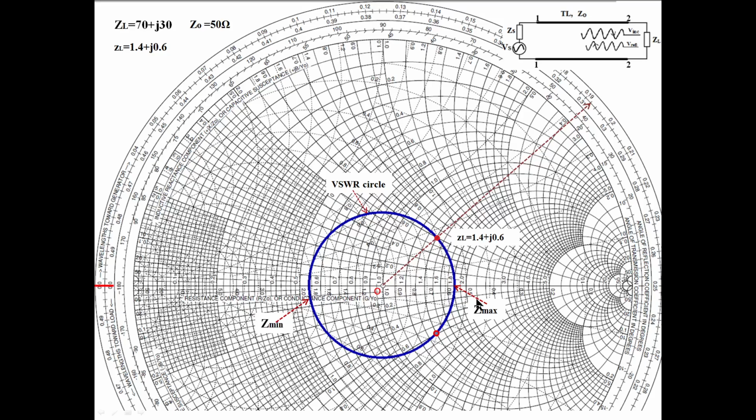From here I am moving like this over a transmission line, and I stopped somewhere here. I want to find out what is the impedance here.